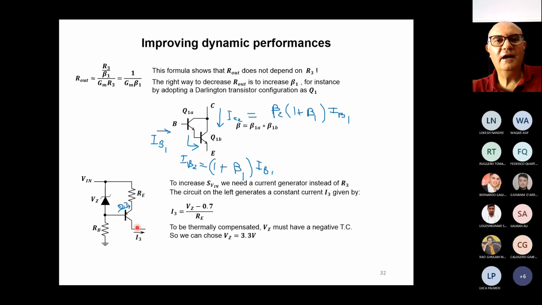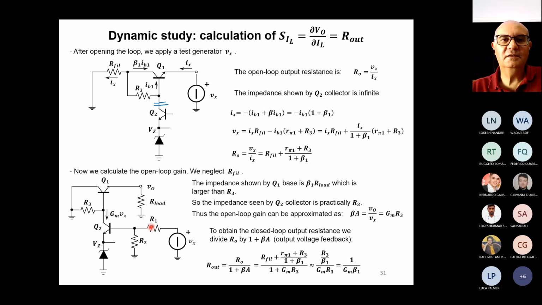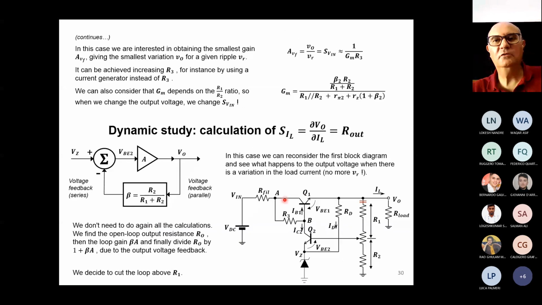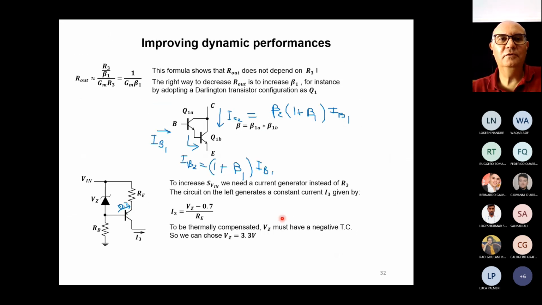This is the current I3 that is going to bias this part of the circuit. It is a static current. But even if the input voltage changes, this current is not going to change.